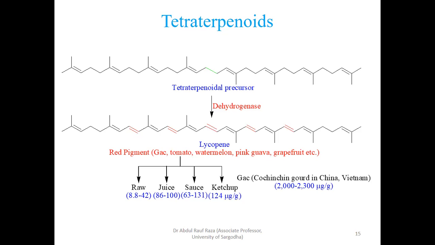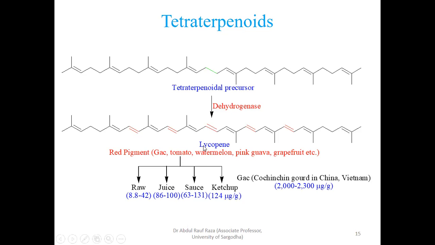So watermelon and tomato are basically enriched in lycopene. Tomato is also red in color, but initially tomato is green. Then this green color changes to yellow, and that yellow color further changes into red. These are the physiological changes taking place.